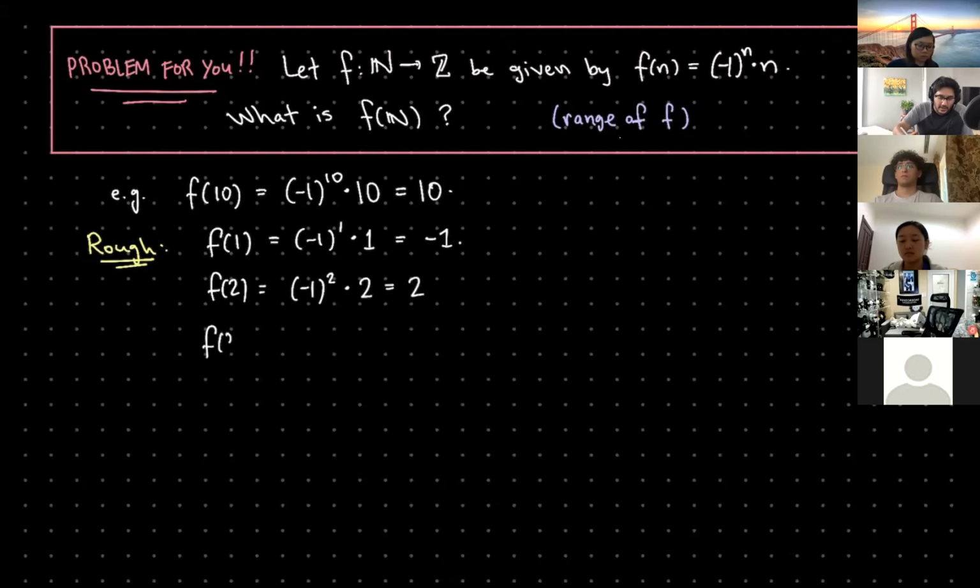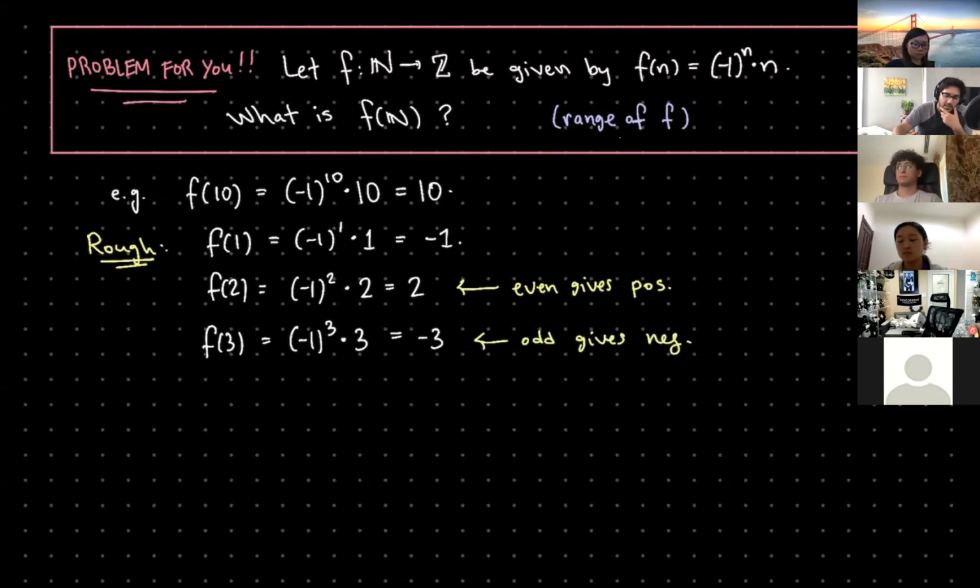Okay, so I'm already getting an idea. f of 3 would be negative 1 to the power 3 times 3, which is just negative 3. The pattern I'm seeing is that this term, negative 1 to the power n, is going to be just plus or minus 1, depending on whether n is even or odd. So even gives a positive answer, and odd gives a negative answer.